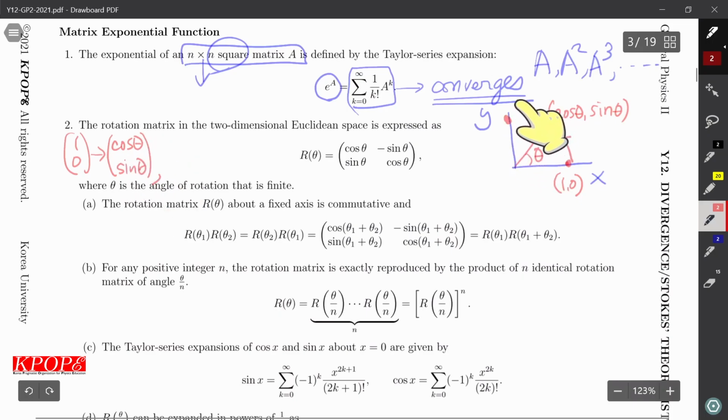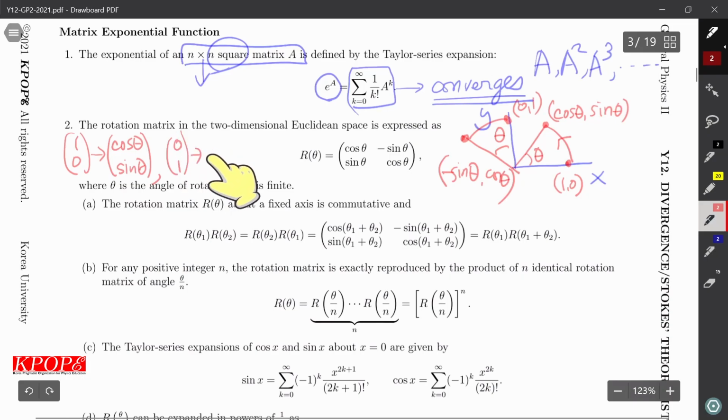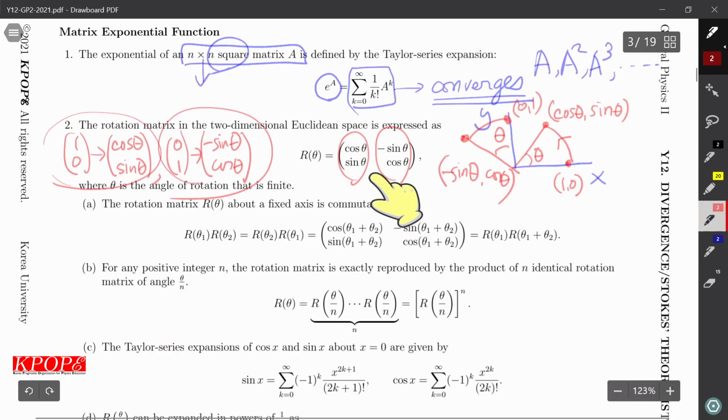And the unit vector (0, 1), on the rotation about the z-axis by an angle of theta, becomes (minus sine theta, cosine theta). A matrix that transforms these two vectors is this. Therefore, we call this R theta, a rotation matrix about the z-axis by an angle of theta.